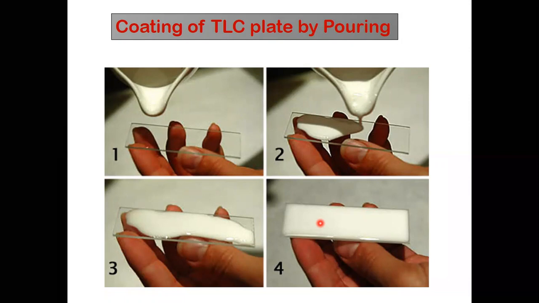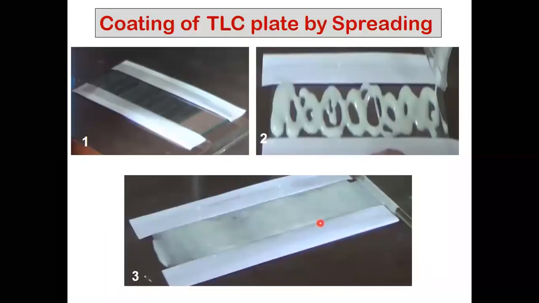or one TLC plate. The second method is the coating of TLC plate by spreading. In this method, at a time 10 to 12 TLC plates can be coated. In the first step, you can see we are taking small TLC plates. These are generally known as microscopic slides.